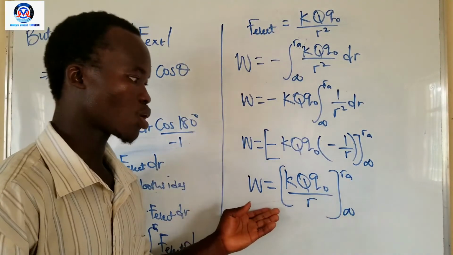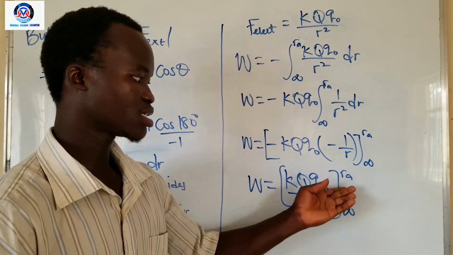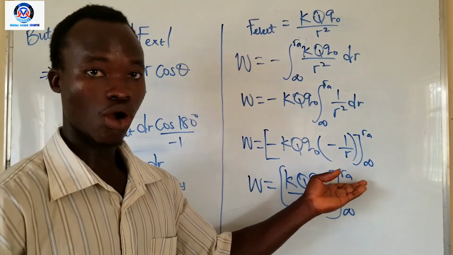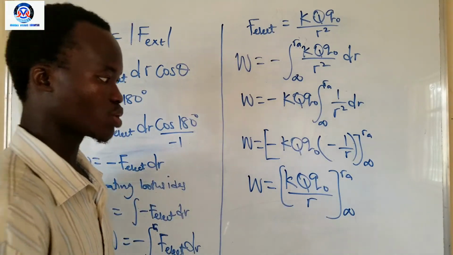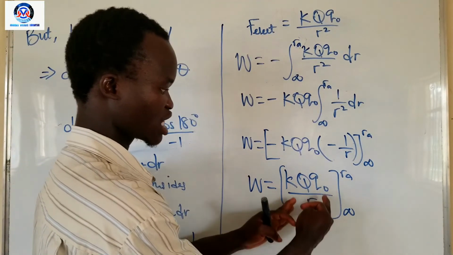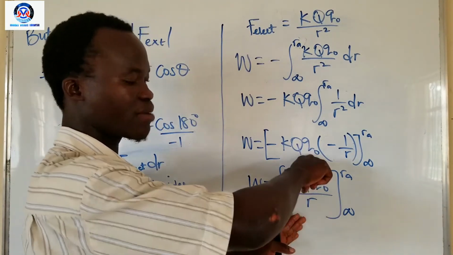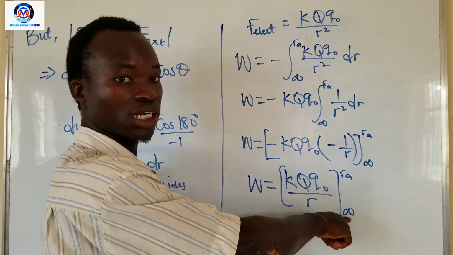Yes, this is our work done, but we have to evaluate it from the lower limit to the upper limit. So now this is how to do that. We are going to evaluate this expression at point RA minus the same expression at point infinity.